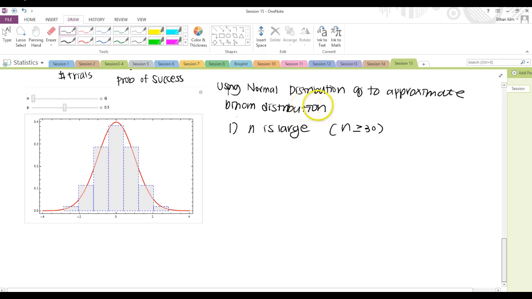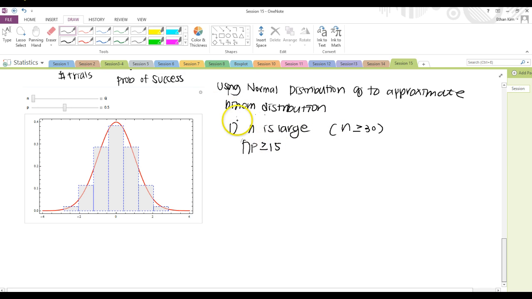Sometimes textbooks note it as the following: when n times p is greater than or equal to 15, but these are about the same. And I would say n greater than 30 is more of the conventional way to go.